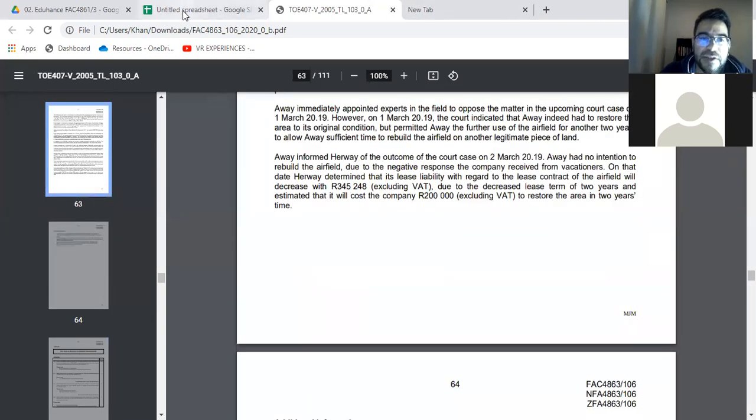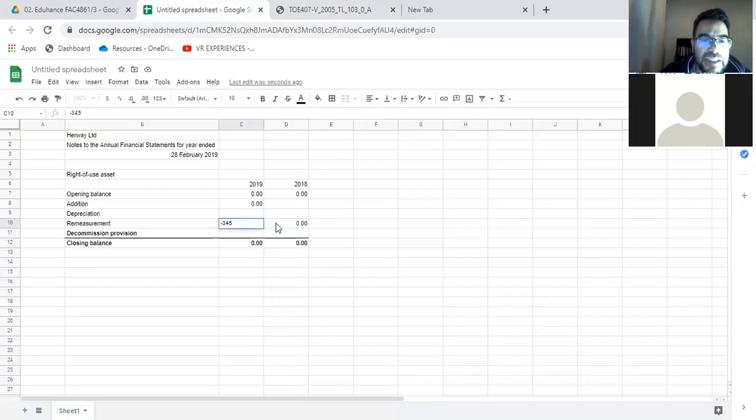We want numbers excluding that. So 248, 345, 248. Just take note of that. The decommissioning liability, there was no impact in 2018, but there was a change in 2019.